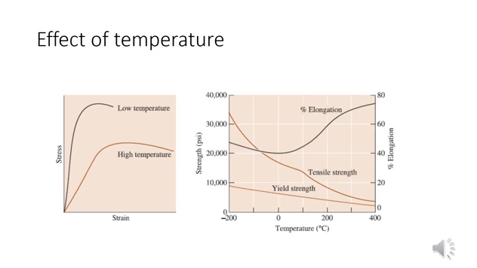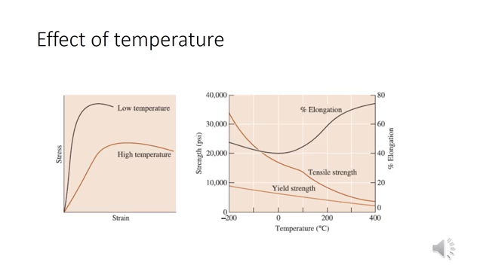The effect of temperature on some of the properties that you looked at is considered in the slide. On the figure on our left, we'll notice that at low temperatures materials become brittle, and this has been reported to be one of the causes why the Titanic sank. On the figure on the right, you'll notice that yield strength and tensile strength decrease with an increase in temperature, while ductility, or elongation, increases, and that's why we sometimes do most of our work at high temperatures.